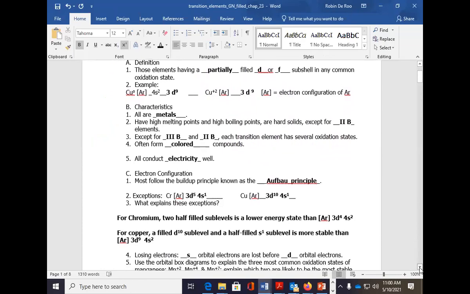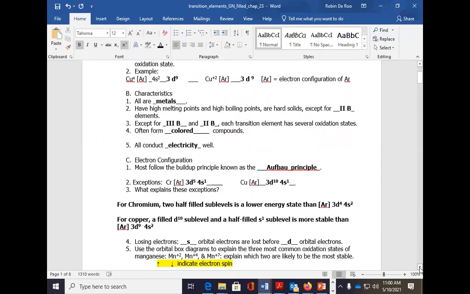Okay, so this is what happens when you're losing electrons. Typically, the s orbital electrons are lost before the d orbital electrons. And so you have a question here, and you're supposed to do the orbital box diagrams. That's where you drew little squares and fill them in, with arrows going up and arrows going down to indicate the electron spin.